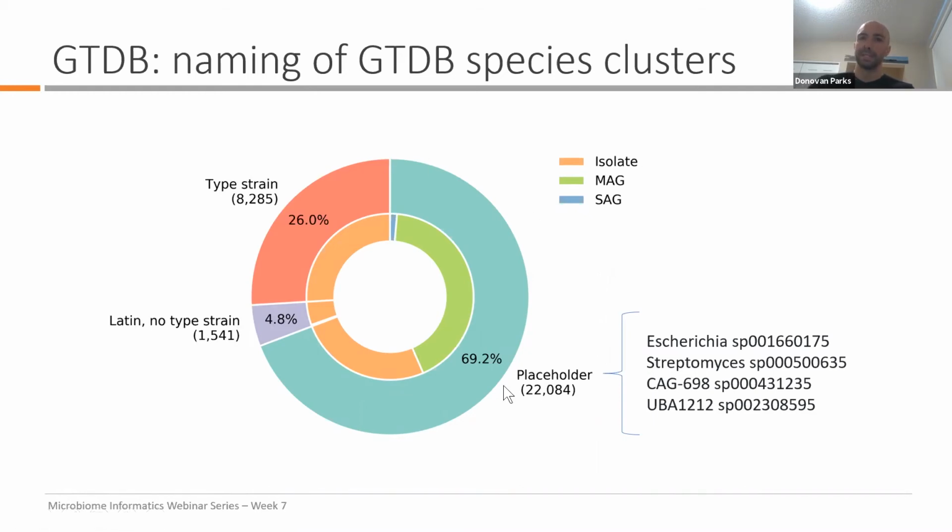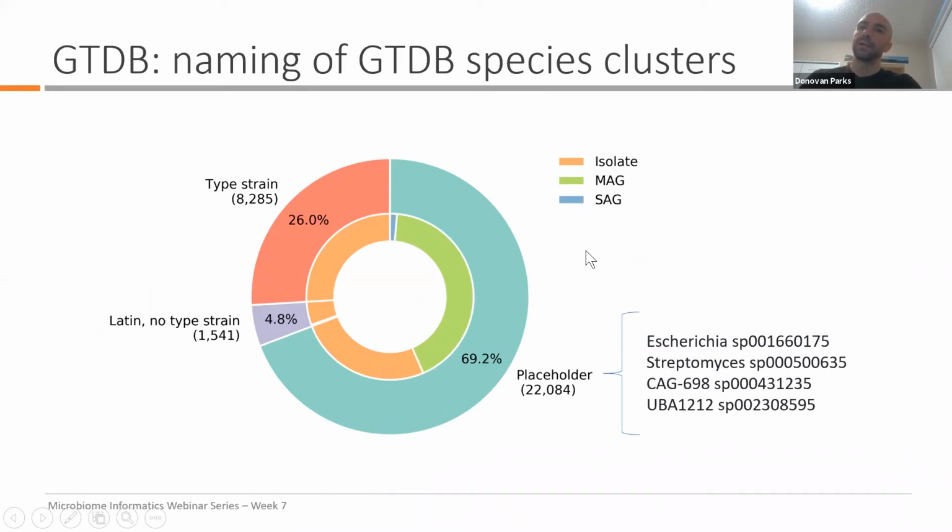And what you can see is the vast majority of GTDB species clusters actually have placeholder names, and placeholder names look like this, where they belong perhaps to a recognized genus, but it's a new species, or perhaps it's even a new genus. So these also just have alphanumeric names.